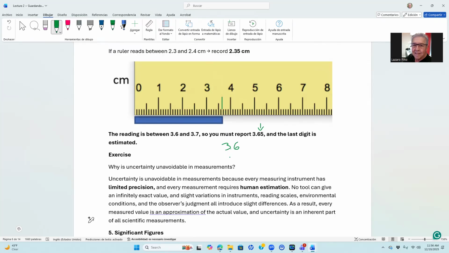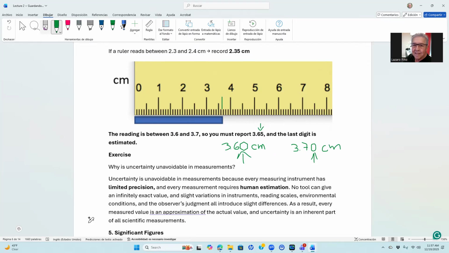No. You also have to estimate the last digit, and it is exact at 3.6. You are going to write here a 0. Then the answer is 3.60 centimeters. In the same way, if it is sharp at 3.7, you are going to write 3.70 centimeters, and this will be your answer. Always, you have to estimate the last digit.